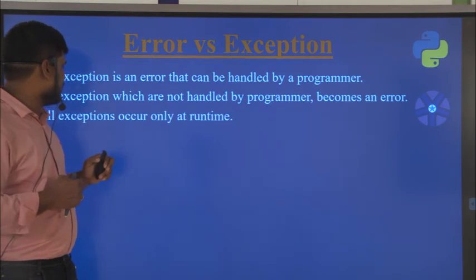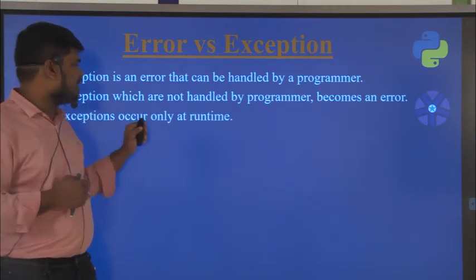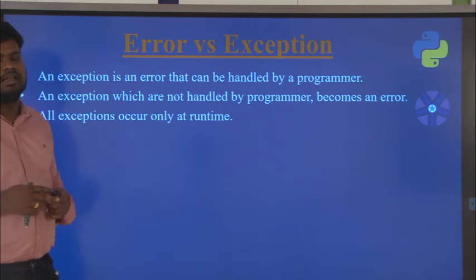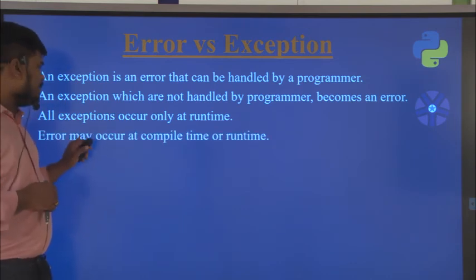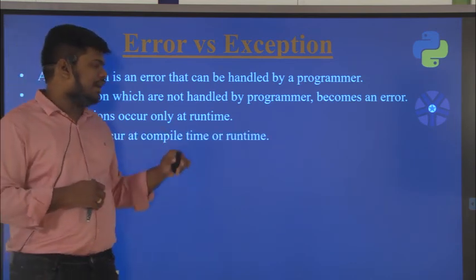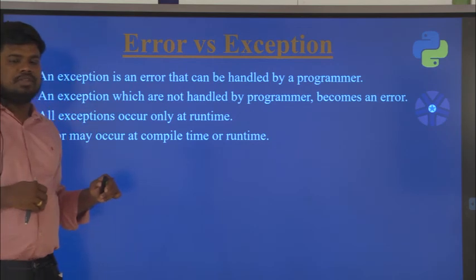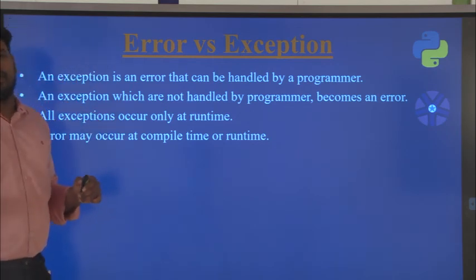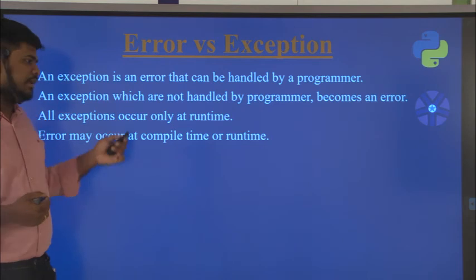And coming to the next one, all exceptions occur only at runtime. Errors may occur at compile time or runtime. While I am compiling my program, during that time I may get an error.